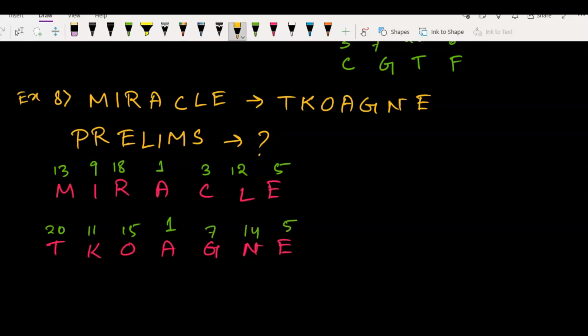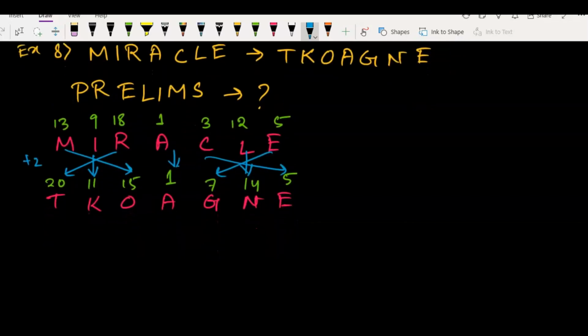So it is done like this. 13 goes to 15, plus 2, 9 goes to 11, and 18 goes to 20. So we have plus 2. Here C goes to E, 3 becoming 5, so plus 2. From 12 to 14 plus 2, and from 5 to 7 this is also plus 2. And we are getting A to A, so 1 is going to 1, no change.